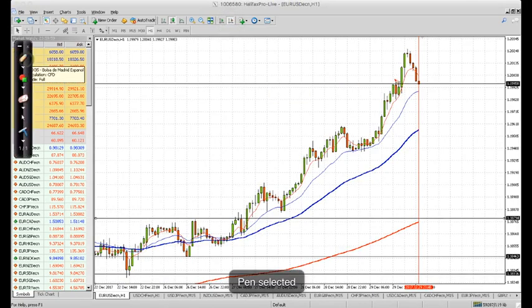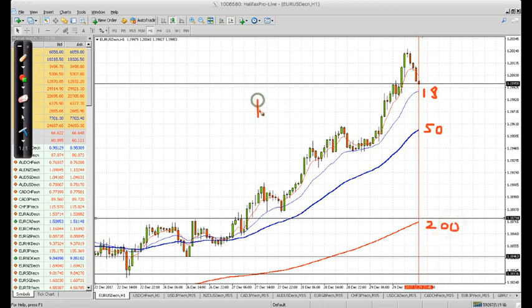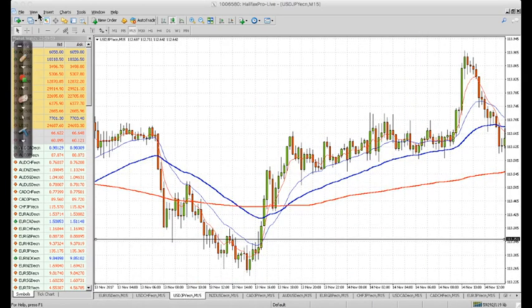Yes. Why? Because you can see the 18 is above the 50 and the 50 is above the 200. So once again, the hourly candles are aligned to the 50-minute candles. And that gives you the best probability of success in following the trend. So let me now show you an example when the 50-minute candles are not aligned to the hourly candles and when it becomes more of a risky trade and a lower probability.